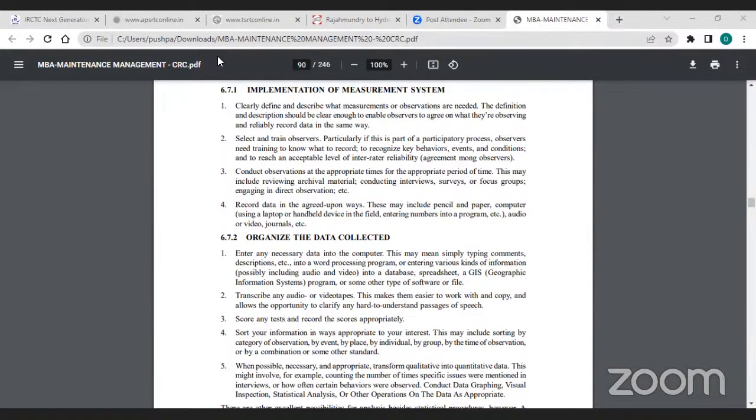Transcribe any audio or video tapes. This makes them easier to work with and copy, and allows the opportunity to clarify any hard to understand passages of speech. Sometimes we depend on transcripts and audio system data where the processes are very clumsy, so they will try to use some recorded form.